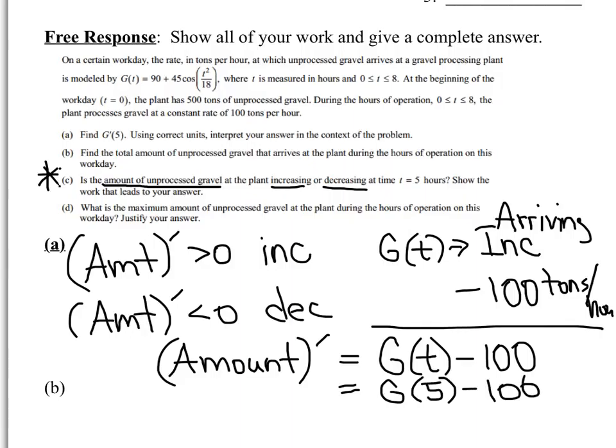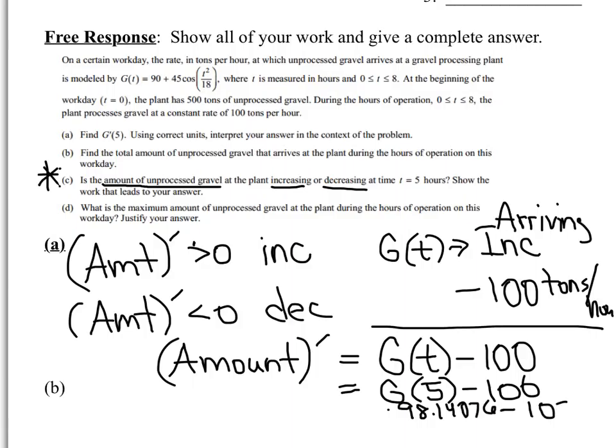So in doing this, I would substitute 5 into my calculator, into the rate function given. I'm running out of space here. Can I make it a little smaller? No, but you get 98.14076 minus 100.